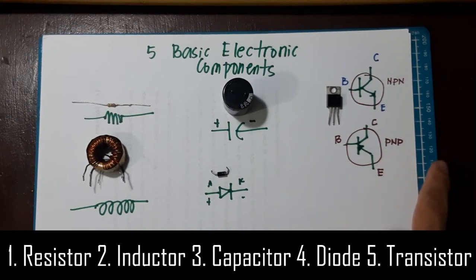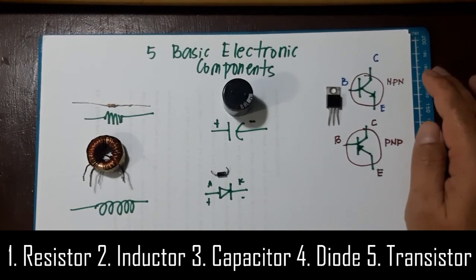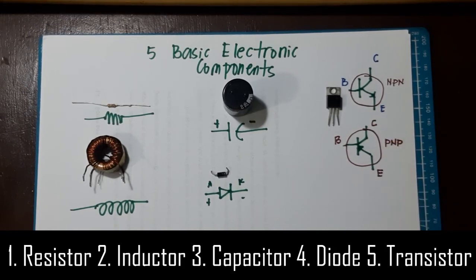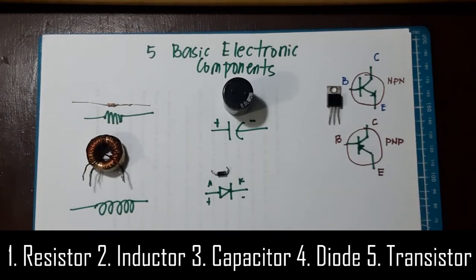Transistors typically have 3 layers: negative, positive, negative, or positive, negative, positive. Basically, that's the electronic schematic symbols of our components.